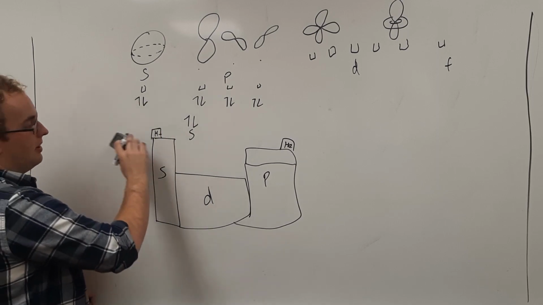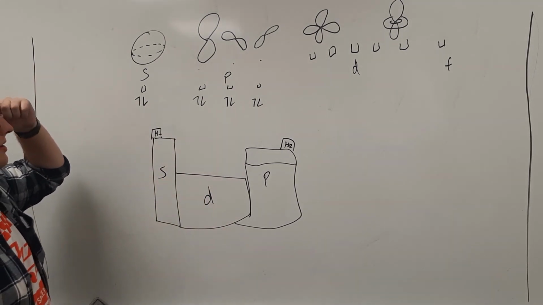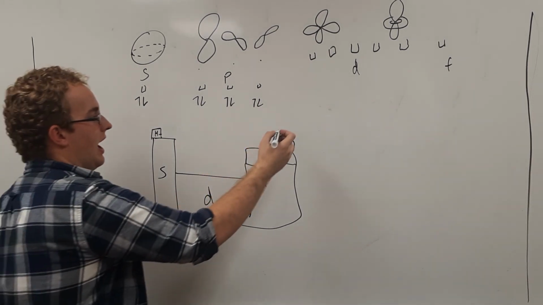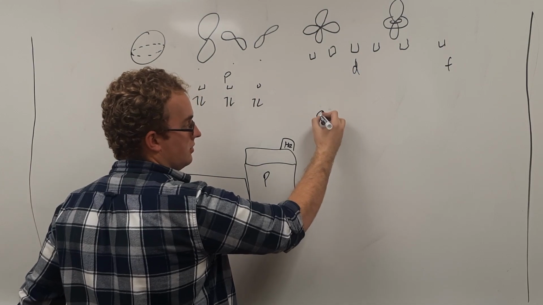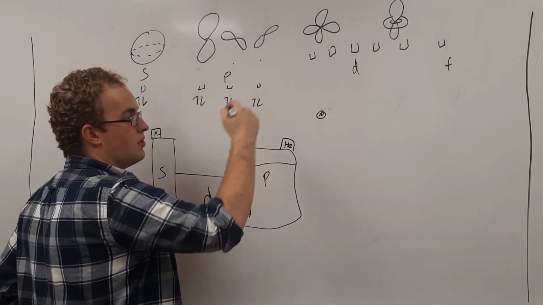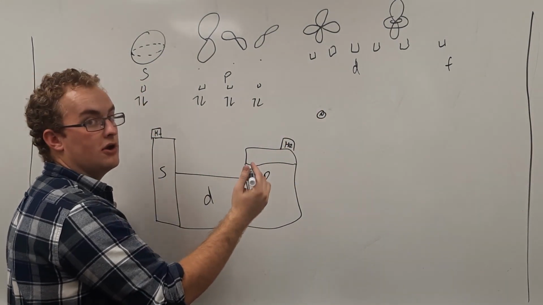So now that we've talked about all these different types of orbitals, the important thing is, as you go up in energy levels, which is like you're adding, let's say here's your nucleus right there, and an energy level is like a ring of orbitals around it. It's like how far from the center you're going.